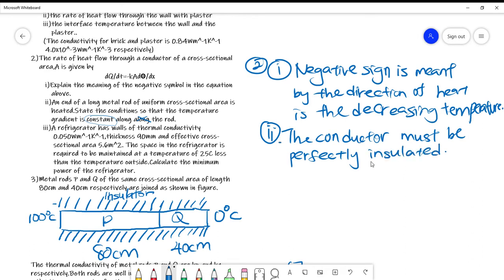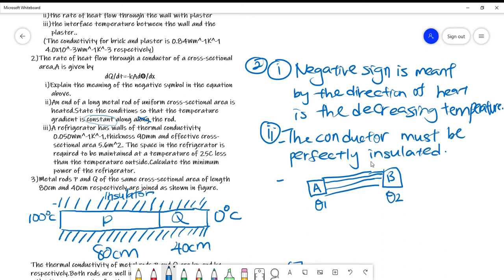So we talked about it in the previous video. Let's say I have my rod here. So this rod is actually perfectly insulated. At the two ends of this rod, what we add is actually object A and object B. So object A has theta 1 and this has theta 2.